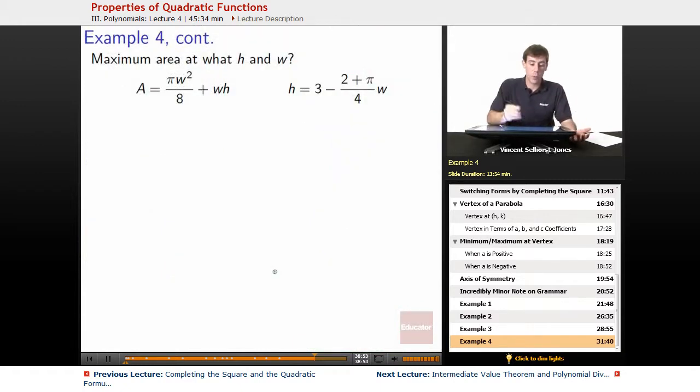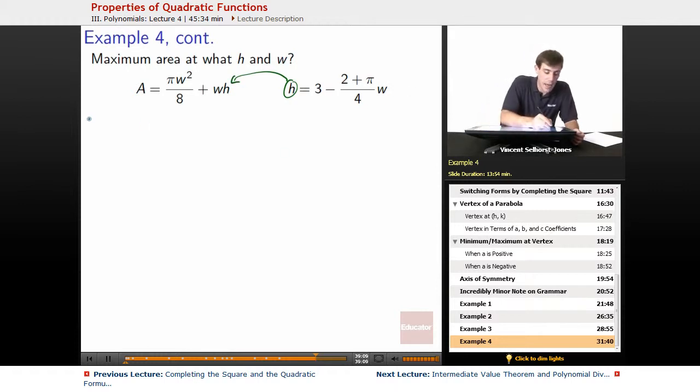So maximum area at what h and w? We've got area equals pi w squared over 8 plus wh, and h equals 3 minus (2 plus pi) over 4 times w. Okay, great. So at this point, we take h here, we plug it in over here.